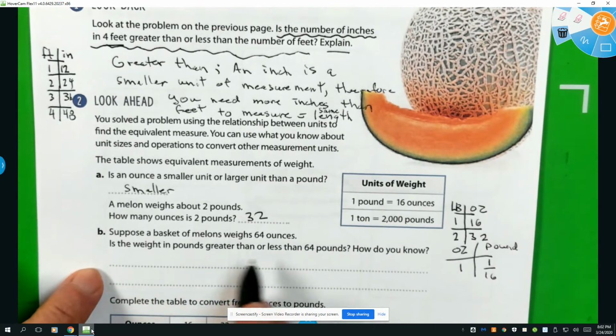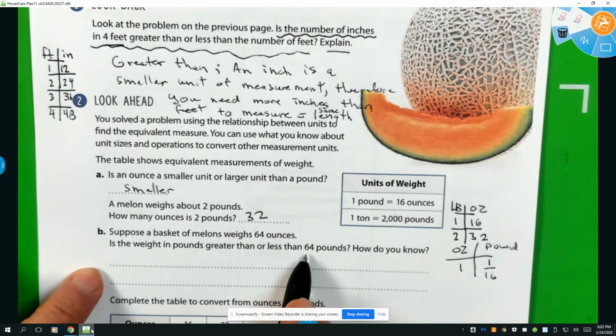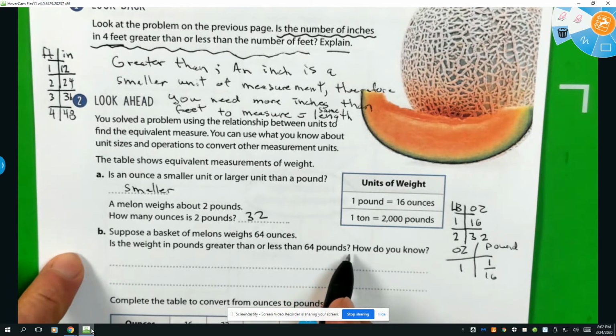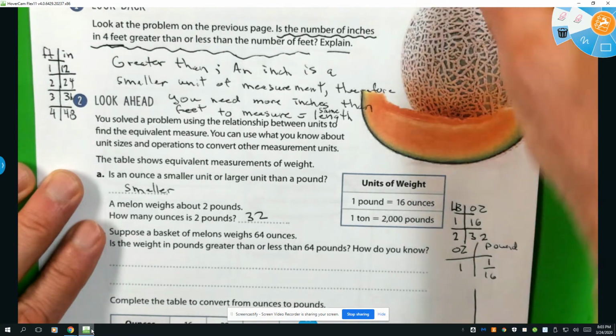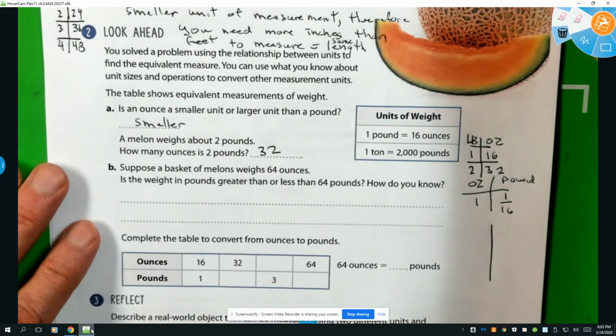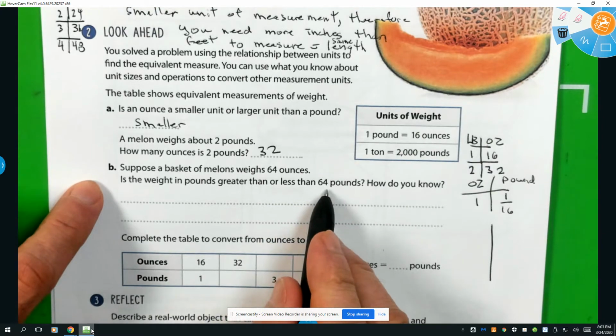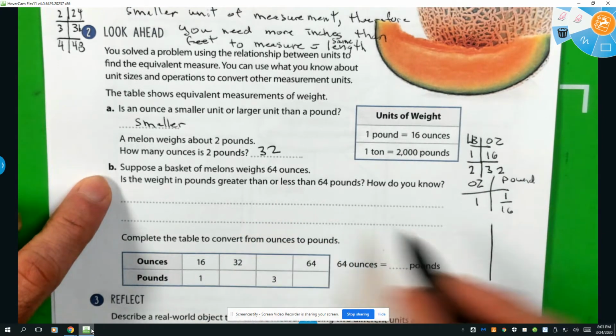Is the weight in pounds greater or less than 64 pounds? I think this is kind of funny just looking at it, because let's first see what 64 ounces is going to be.